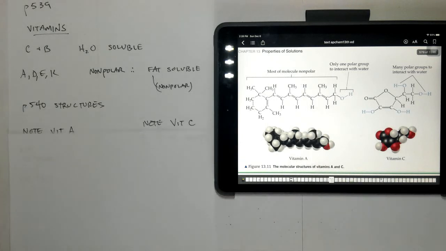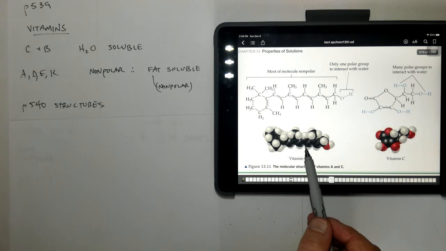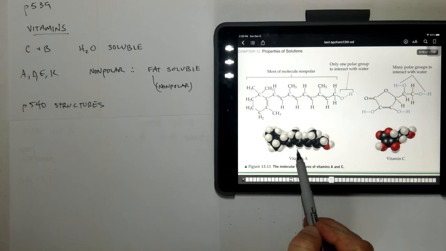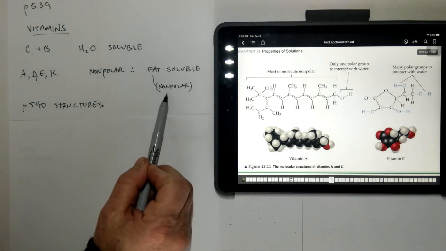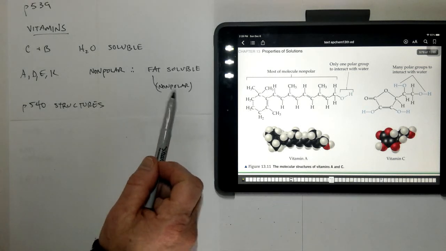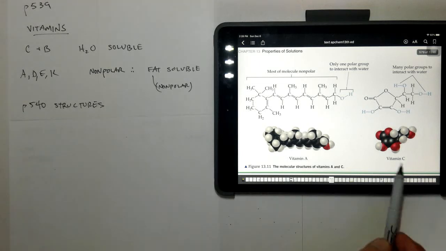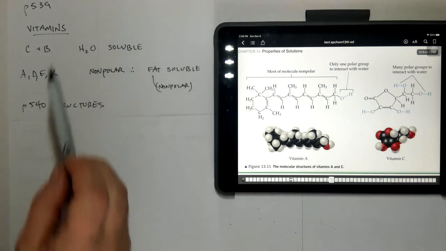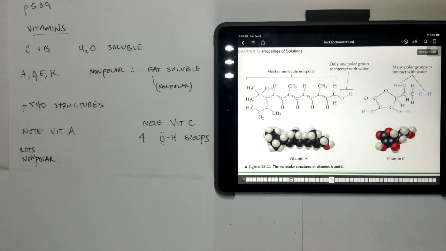Well, remember, like dissolves like, and so if this thing's mostly nonpolar, it's not going to dissolve in something that's polar, like water. That's why they call this fat-soluble, because fats are nonpolar, and like dissolves like. This one would dissolve in water, and therefore it is a water-soluble vitamin.